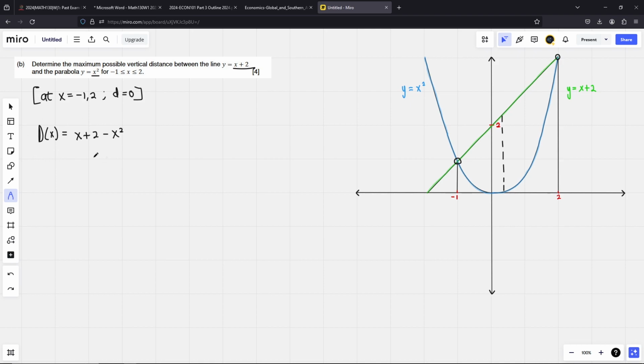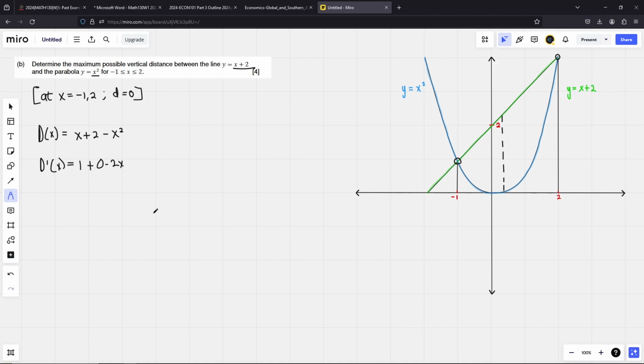So how do I get the maximum from this? Well, this is just an ordinary function. So if I take the derivative of this, that's going to be 1 plus, that's going to be 0, and taking the derivative of that, that's going to be -2x.